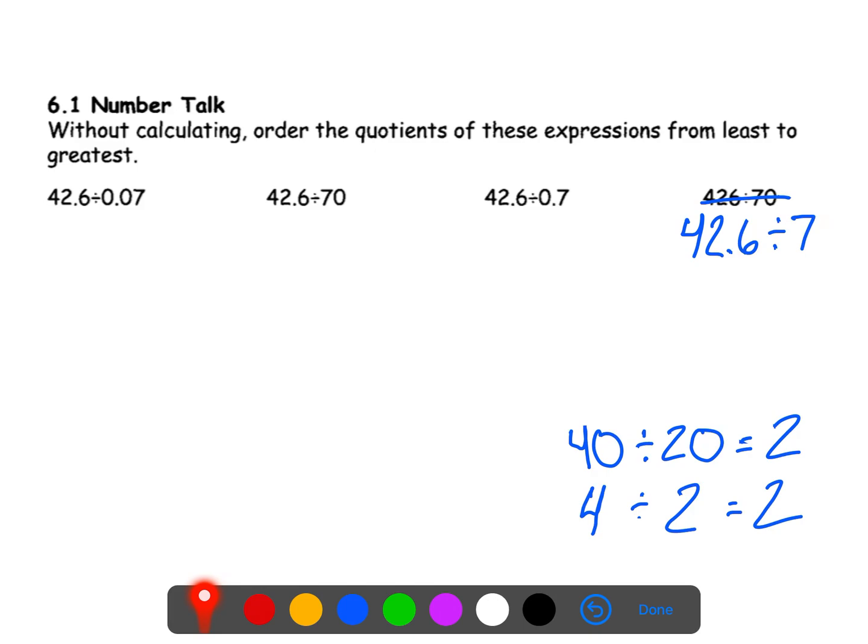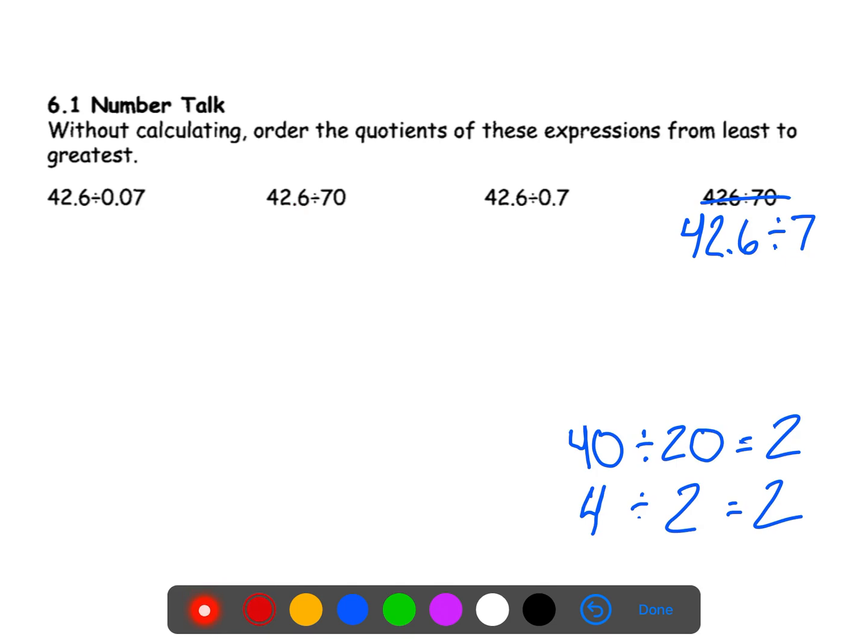If I take a very small group size out, I should be able to take a lot of those groups from 42.6. So this should have a very high quotient, whereas a group that's 70, that's a group bigger than what we actually have, is going to have a very small number of groups.